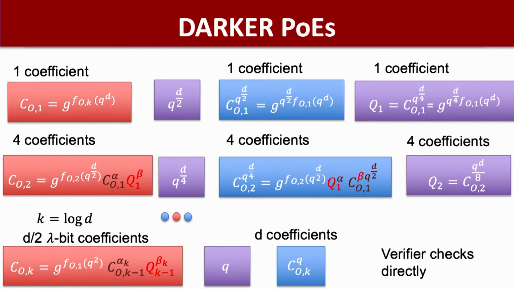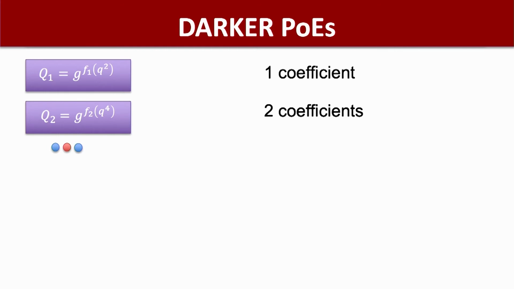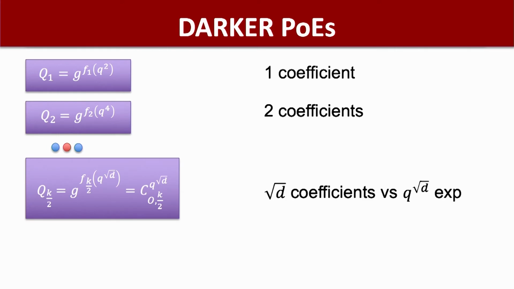If we look at these statements, in the first round, we have one coefficient. This is the proof element that we need to compute. And then after log d over 2 rounds, we have square root of d coefficients. So we could either compute this by doing the multi-exponentiation with square root of d coefficients, or we can do a direct exponentiation with q to the square root of d, and these are roughly the same cost.